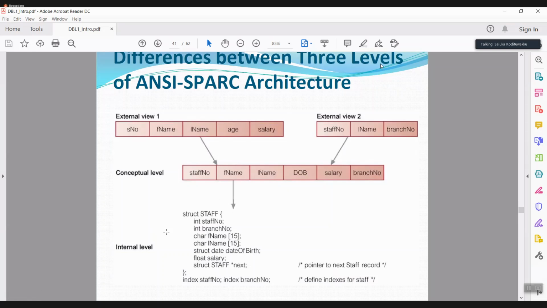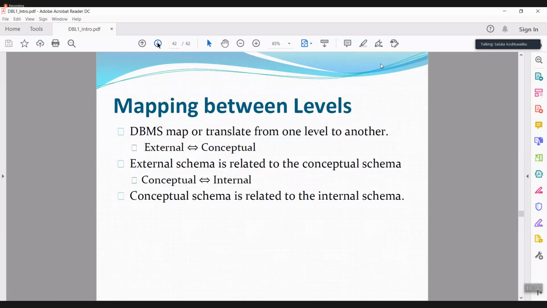In the internal level, how we store data on the physical storage is the internal level. In this particular case, it is stored as a structure with index facilities. But sometimes it might be objects. In an object-oriented database, it could be objects like this. So how we manage data in physical storage is what we really talk about in the internal level.